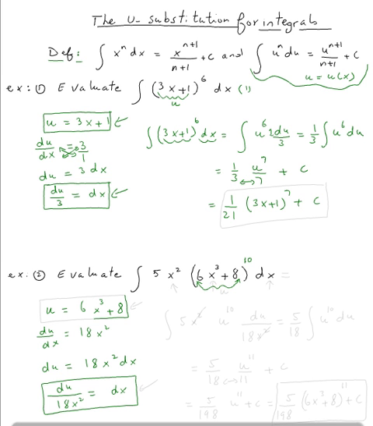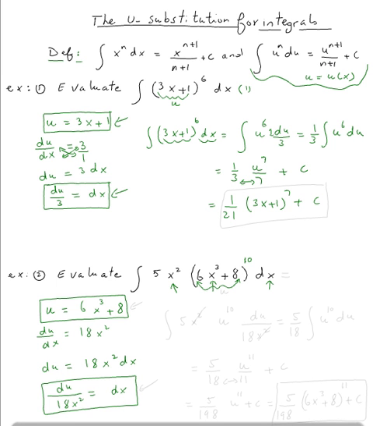Then the only thing we need is the u and the dx. But remember, our goal is to have an integral of just some function of u and du. So we want the x to disappear and the dx to disappear, and we want to have just the u's.